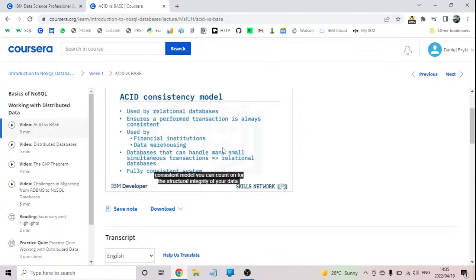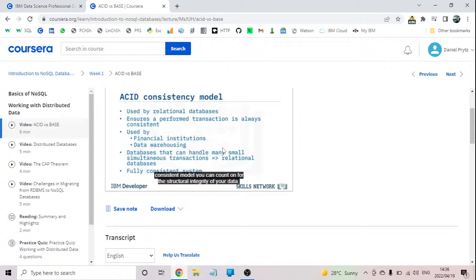Can write data easily from many small transactions, best with relational databases, which we discussed.